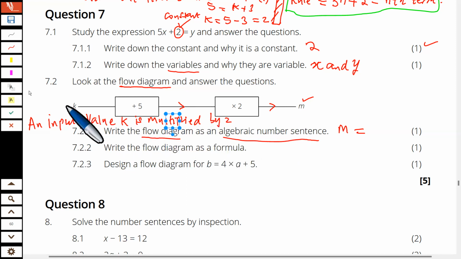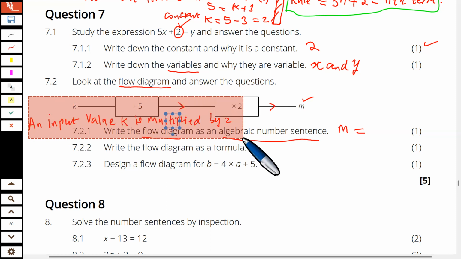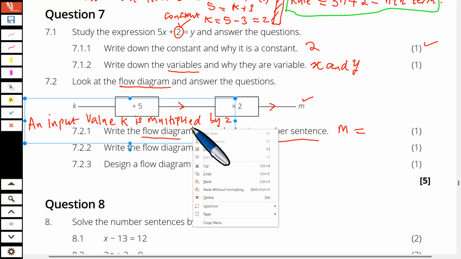Okay, so there are many ways to write it. You can write it like that, but you can write it as follows.